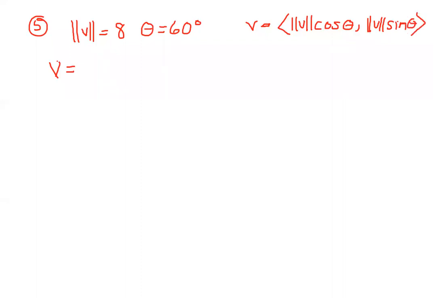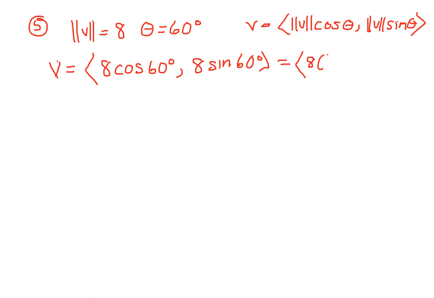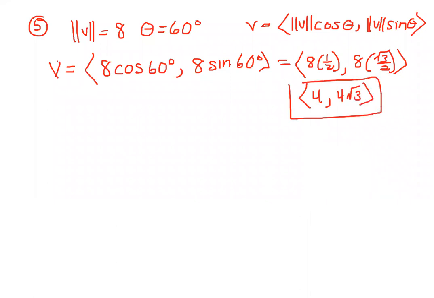That was the formula that we just did. So in this case, v equals magnitude cosine 60, magnitude sine 60. And you know that 60 is on your unit circle, so you can find the exact form. Cosine of 60 is a half, sine 60 is square root of 3 over 2. So it's 4, 4 times the square root of 3. And that's our answer for number 5.